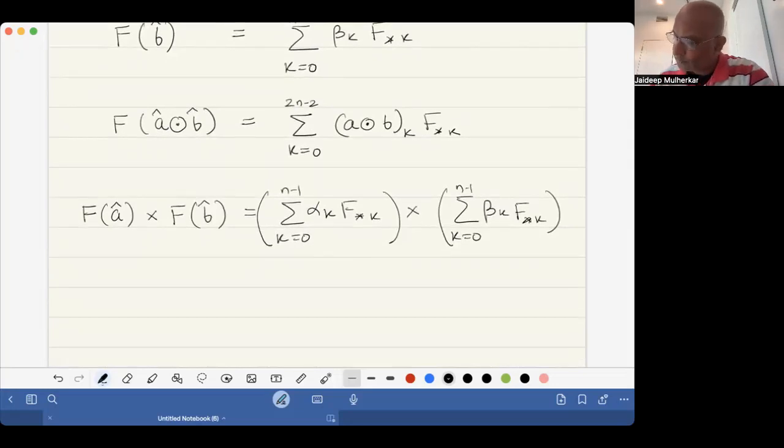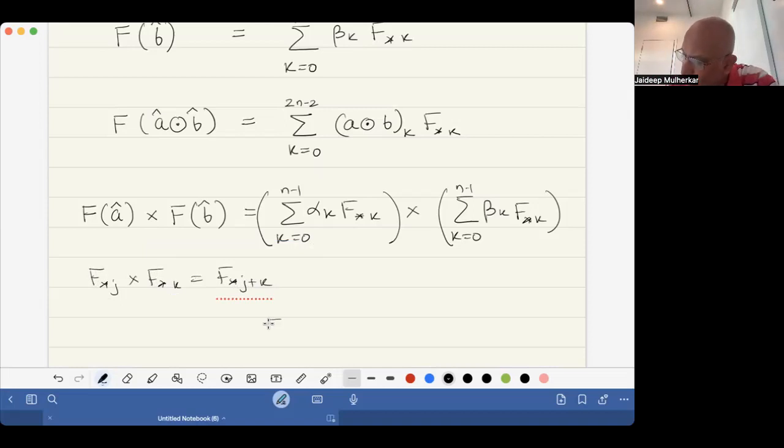Okay, if I do this dot-wise multiplication, I can use the fact that f star of j times f star of k is equal to f star of j plus k. And this is essentially just polynomial multiplication, right?